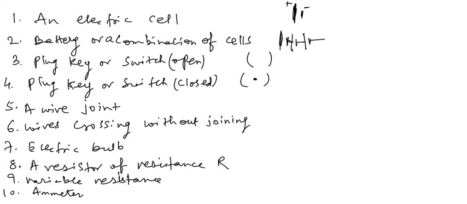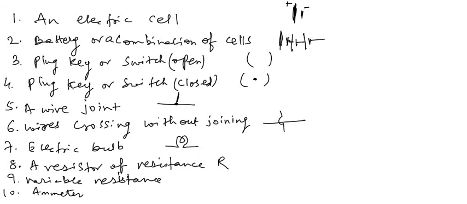For a wire joint, we just give a dot and a vertical line. At that place 2 wires are joined. For wires crossing without joining, we can give a small loop. Electric bulb, we can just draw like this. This is our symbol for an electric bulb.